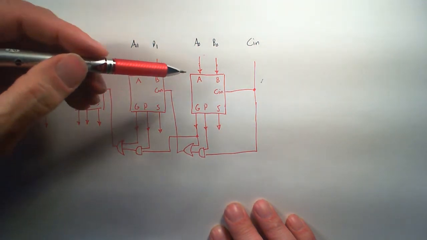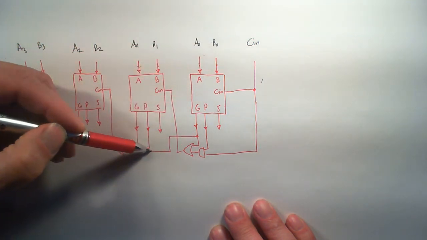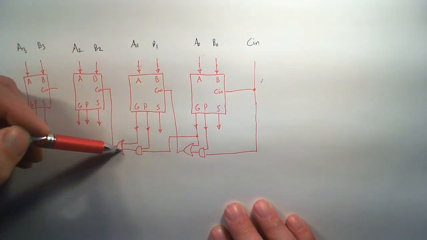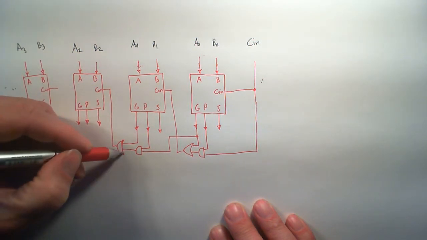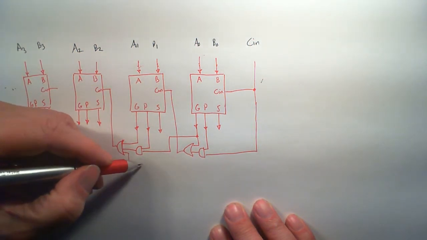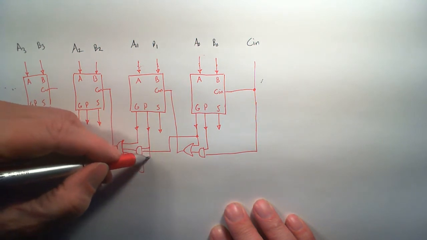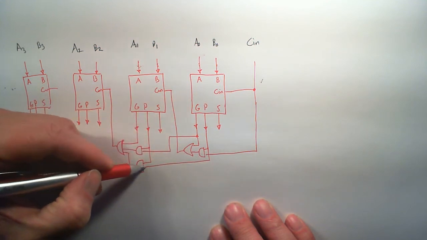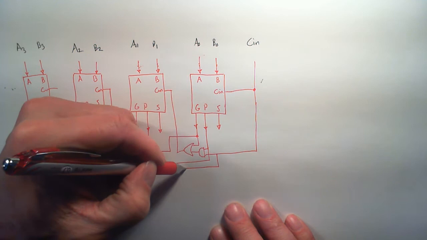So this says now if that's a 1 and that's a 1, I'm going to generate a carry, and if that's a 0 and a 1 or a 1 and a 0, I'm going to propagate that into this carry in. Or if I'm going to propagate a carry from here and propagate a carry from here, and I had a carry in generated all the way out here.